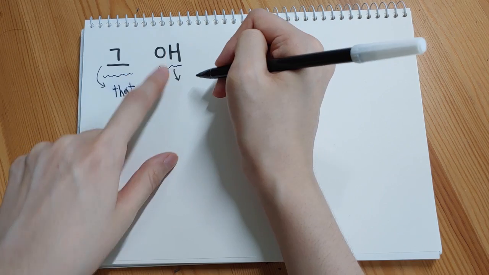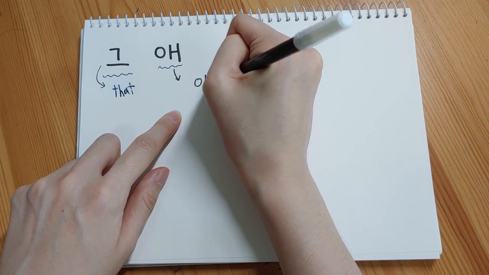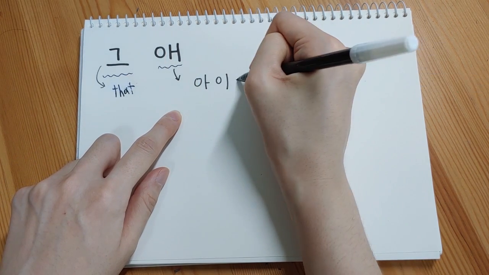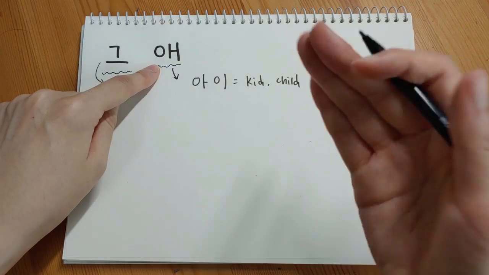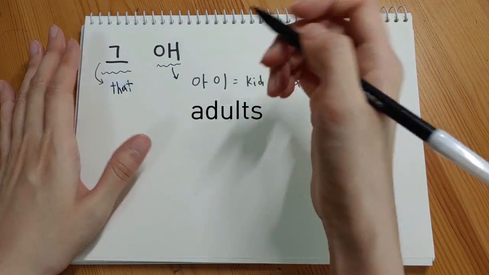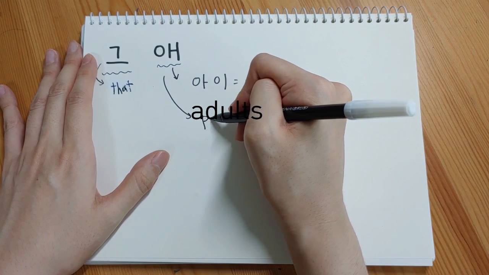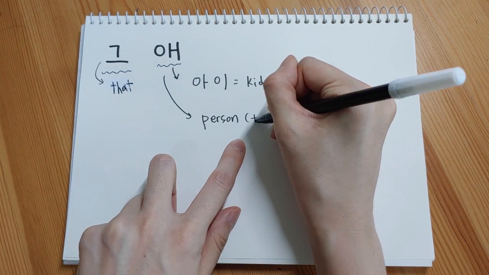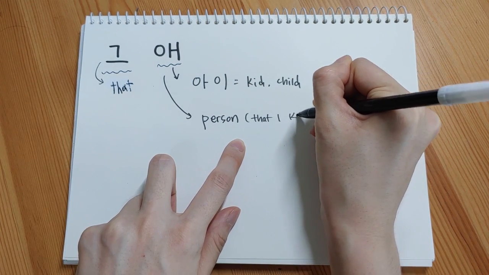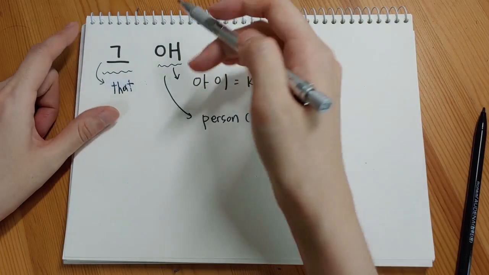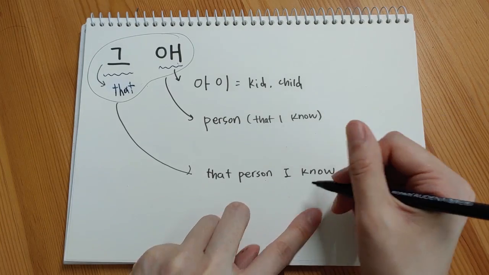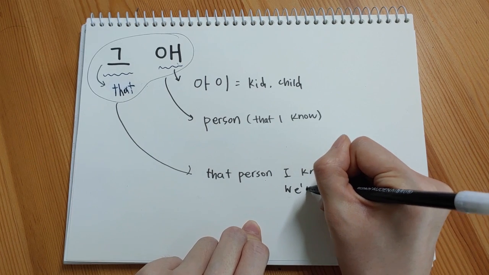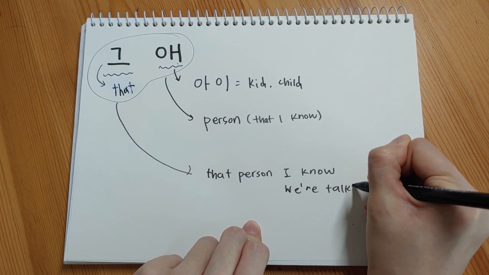And 애 here is an abbreviated form of 아이, which means a kid or a child. But it can also be used for adults to mean a person that I know. So 그애 altogether means that person that I know, or that person that we're talking about.